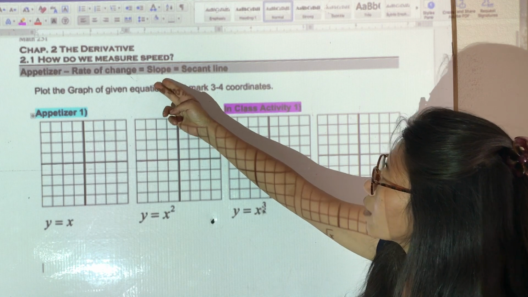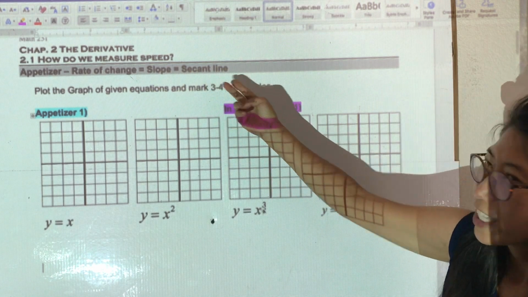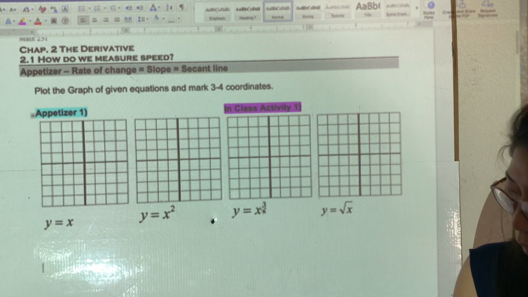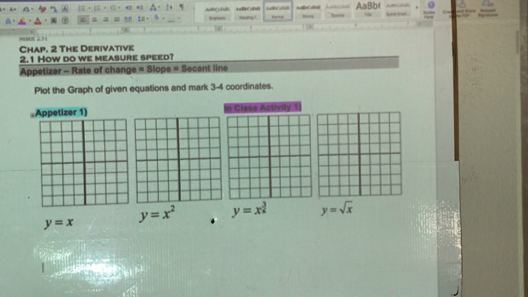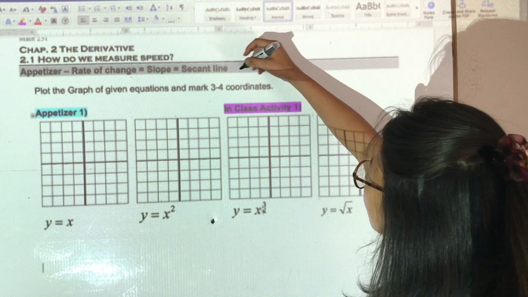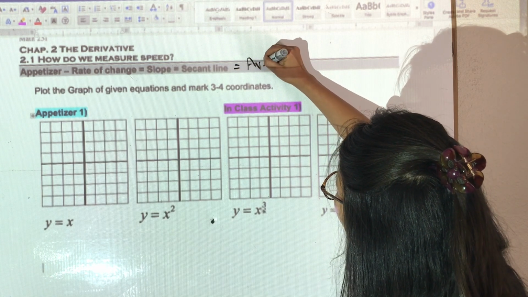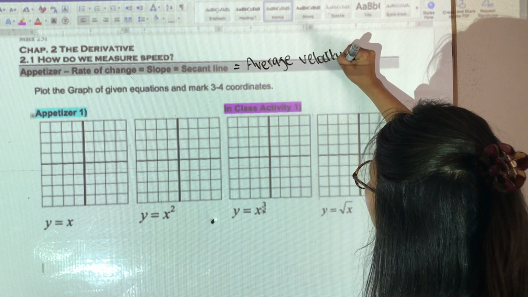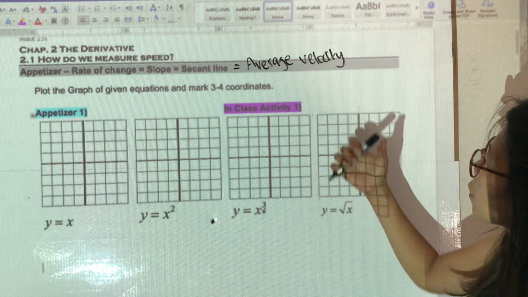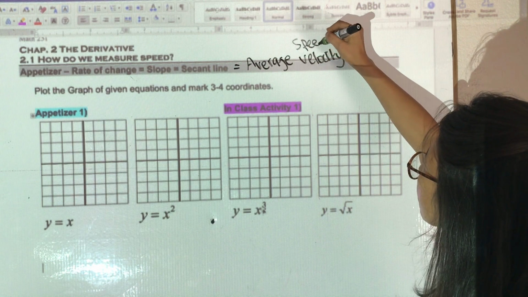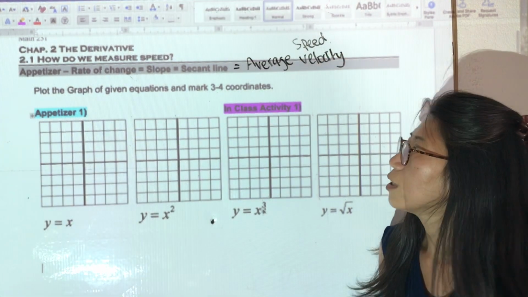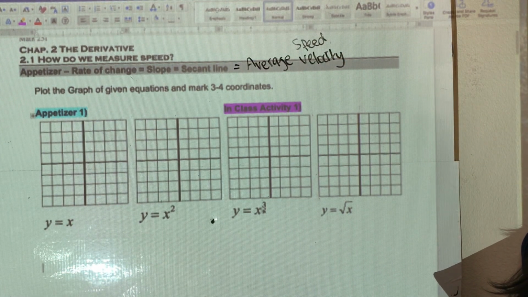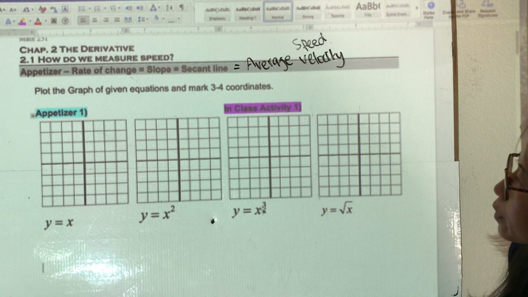and slope is what we usually say secant line. Also, another way of saying this is average velocity. That's going to be average velocity or average speed, like your mileage, like how long you can go per gallon, something like average mileage.